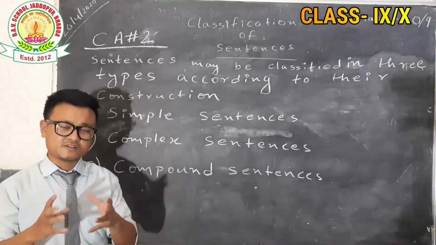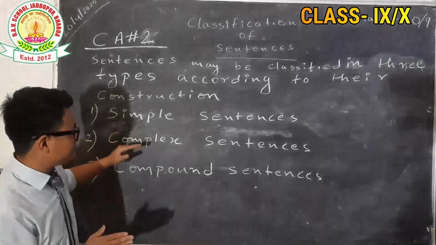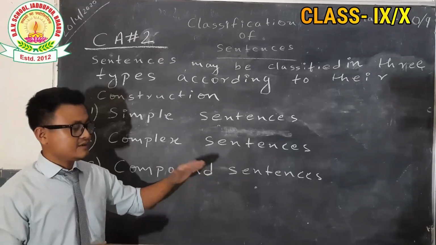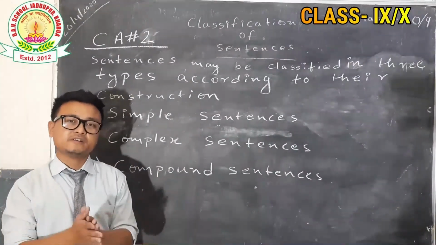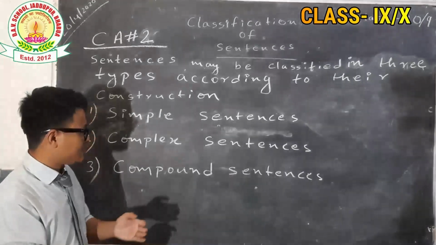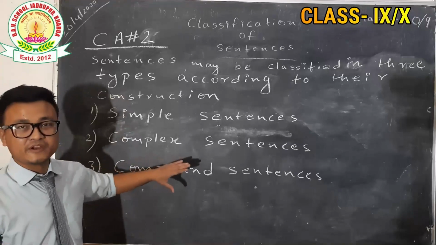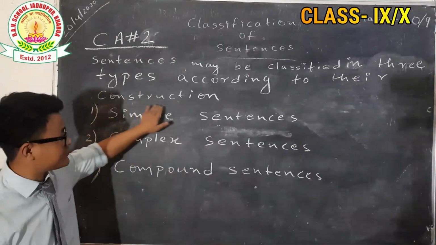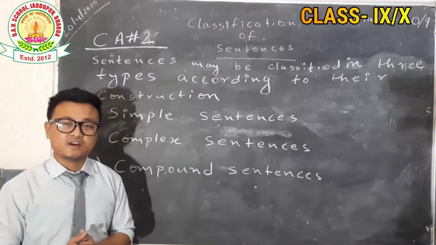As I told you before, the formation of complex and compound sentences happens when we join 2 sentences together. When we join 2 sentences, it is not only forming another sentence, but it is also doing construction. It is building sentences.